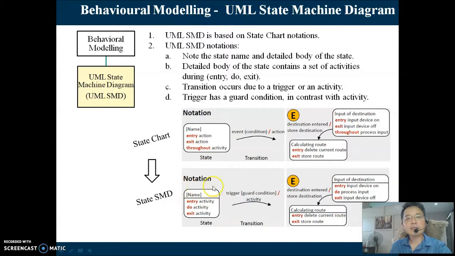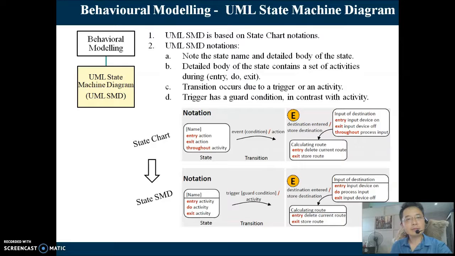Likewise, the same notation is being used in state machine diagram, with only a little bit of syntactical differences. The transition also shares very similar syntax. In both, there will be a part for the trigger, and there will be a part for the action carried out by the system.